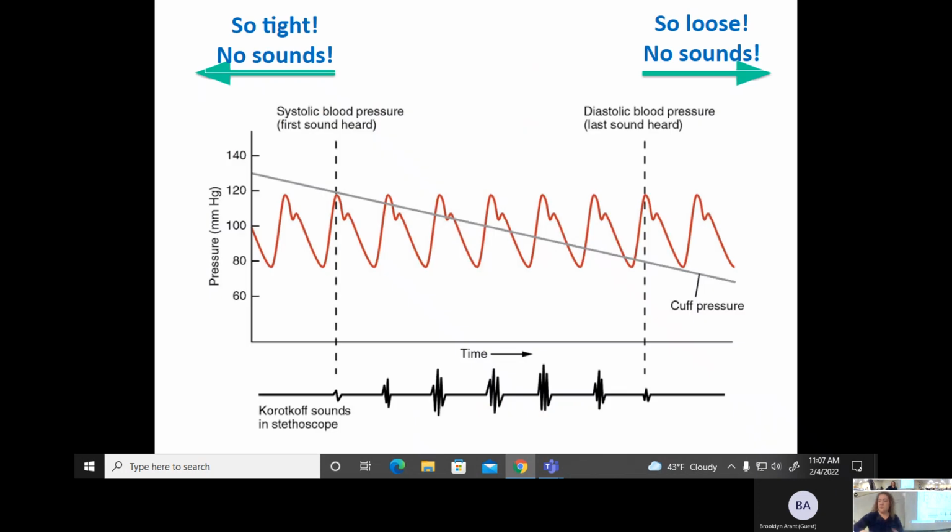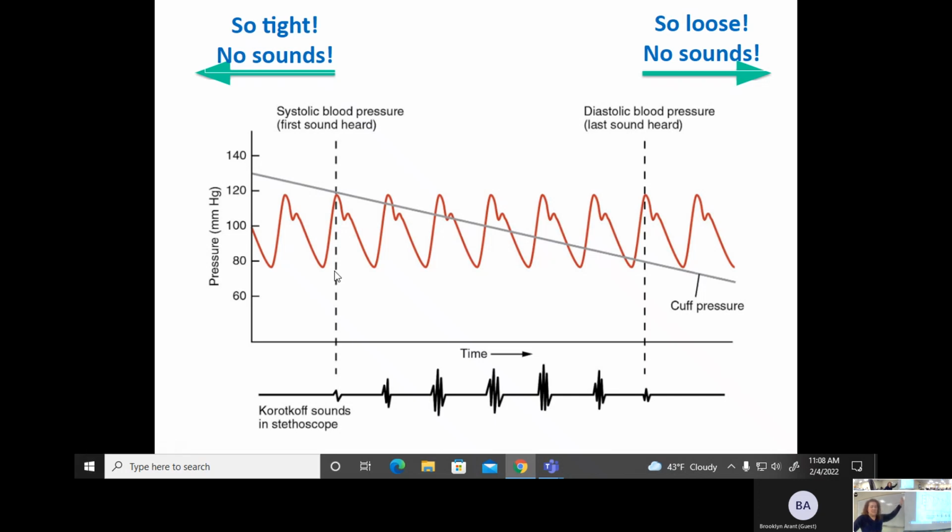You pump it up, you squeeze the person's arm, and then you start letting the pressure of the cuff off. So that this gray line is the cuff pressure. And when you've got the cuff on super tight, there's no blood moving through there, and there's nothing to hear. And if they're doing it to you, you're like, dang it, hurry. And they start letting the pressure off.